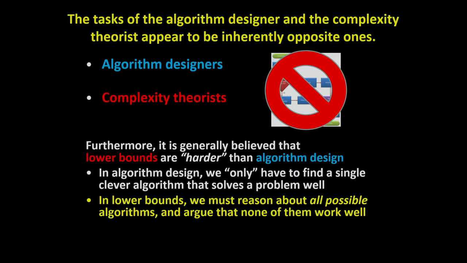And miraculously we can do this for many problems. So maybe we should not be so intimidated about reasoning about all possible algorithms, provided we set things up in the right way. And a lot of these lectures are going to try to think about how we set things up in the right way so we can reason algorithmically about lower bounds.